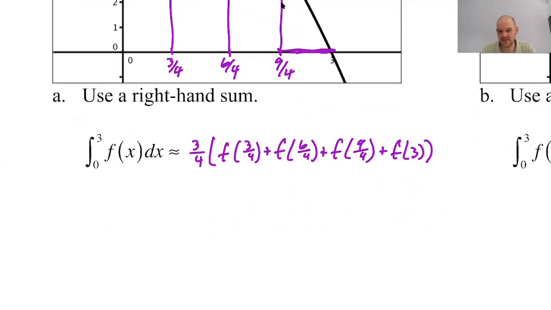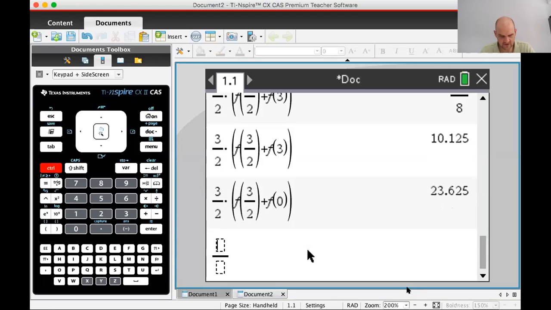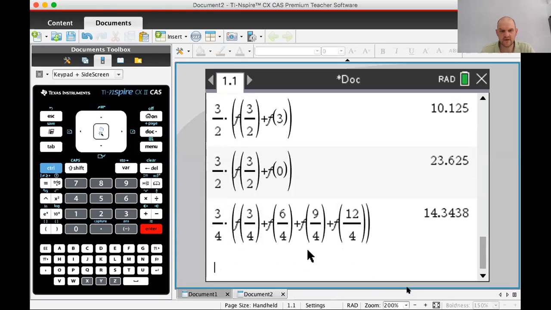Should I do a summation though? At 4, I'm starting to not want to type these. I'm going to do both just to show you that they give the same answer: f of 6/4 plus f of 9/4 plus f of 12/4, which is 3.